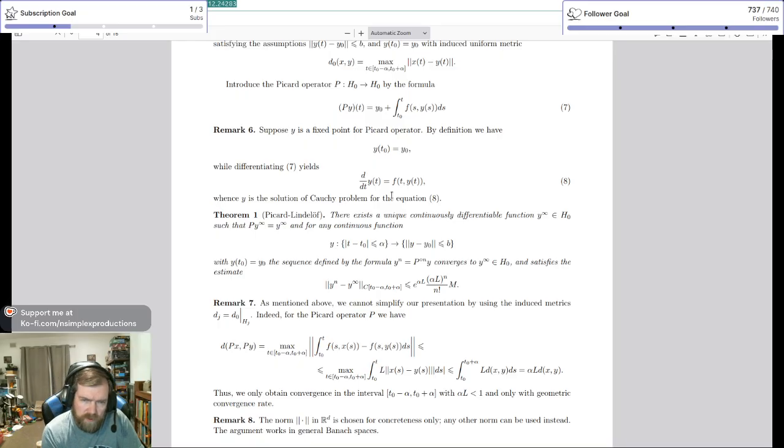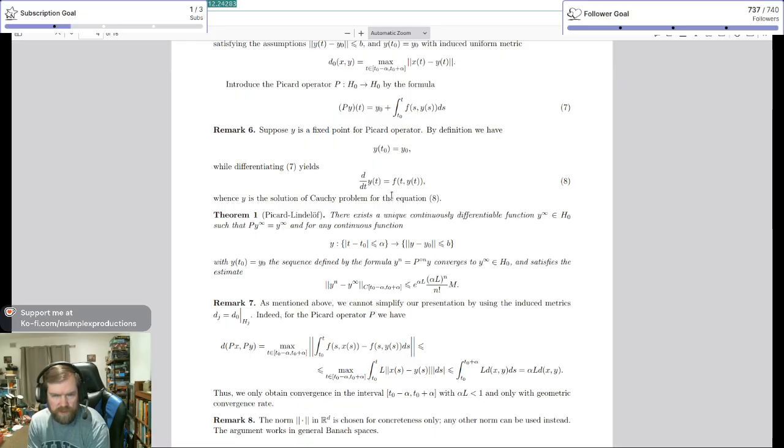With y of t sub 0 equaling y sub 0, the sequence defined by the formula y super n equal to P composed n times on y converges to y super infinity in H sub 0 and satisfies the estimate: the distance between y super n and y super infinity, sup on the interval t0 plus or minus alpha, is less than or equal to e to the alpha L times alpha L all raised to the nth over n factorial times M.